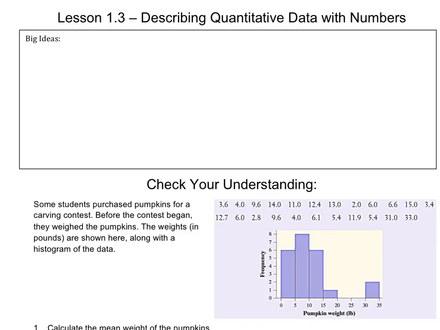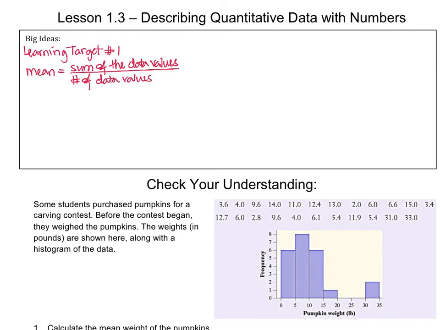So if you remember, our learning target number 1 was to find the measures of center, mean, and median for a data set. We find the mean by dividing the sum of all the data values by the number of the data values. And we use the mean when we have approximately symmetric data because the mean is affected by extreme values.